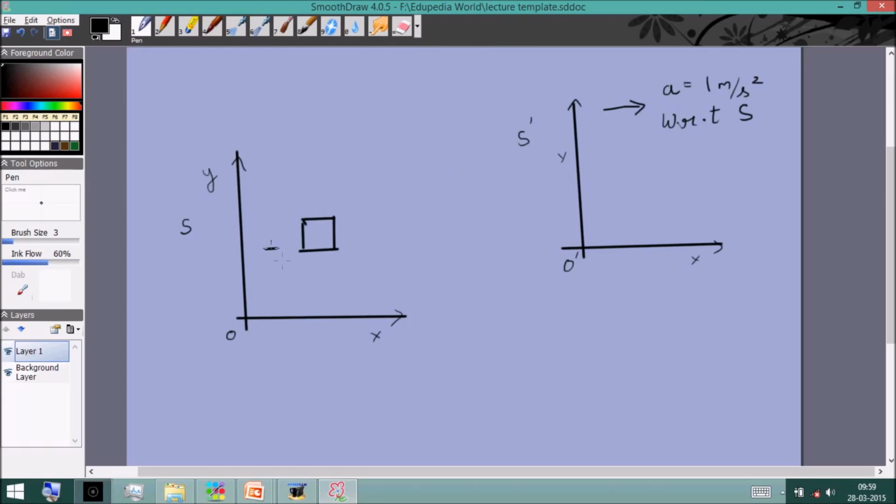Now we've seen earlier that an acceleration of 1 meter per second square doesn't really have any meaning unless we signify relative to what that acceleration is. And in many cases, for example, when I say the speed of a car is 50 meters per second, it's understood that we are saying the speed relative to the earth or relative to the road. In this case, it's not really clear, so I'm telling you that the acceleration of S dash is 1 meter per second square towards right relative to S. Okay, so this is the acceleration with respect to S.